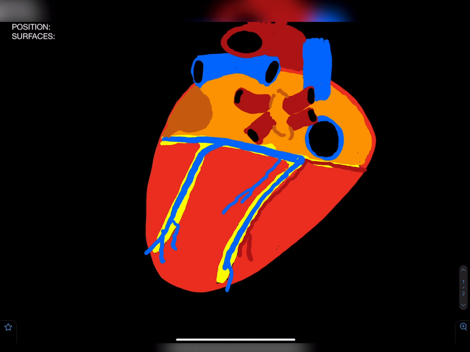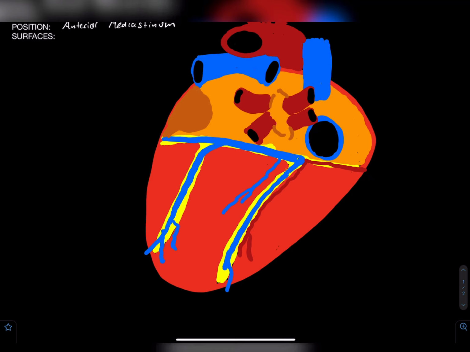Today we're going to talk about the posterior surface of the heart, also referred to as the diaphragmatic surface. Again, a little revision about the basic anatomical position of the heart. We have the heart in the anterior mediastinum, at least in clinical terminology.